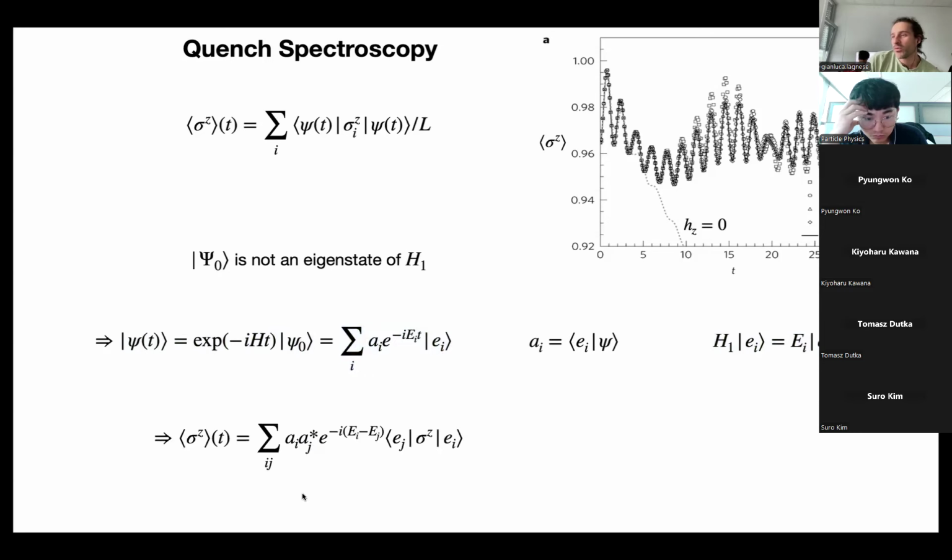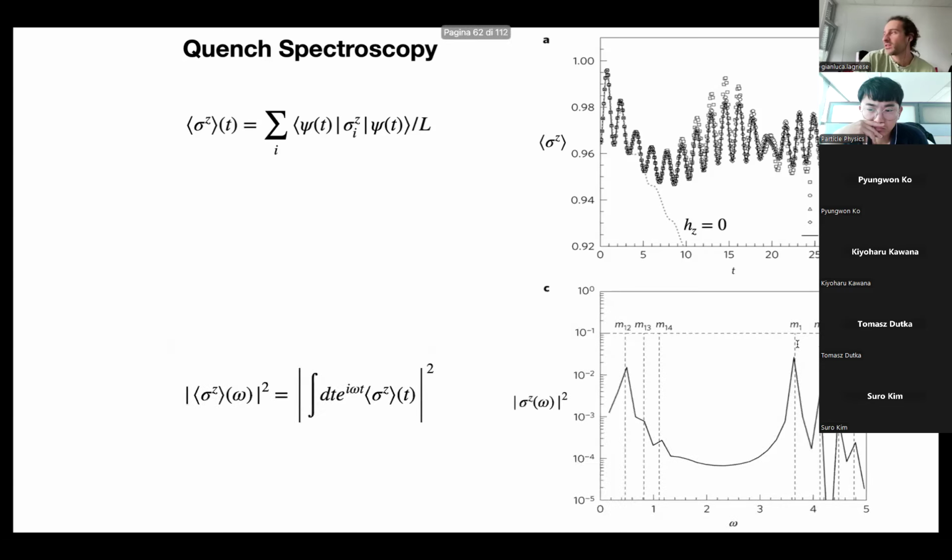But then when you compute an observable, you will see that the observable is sensitive to the energy difference of these eigenstates. So if your system is developing discrete eigenstates, due to this longitudinal field, these eigenstates that we will call mesons will show up in the dynamics.